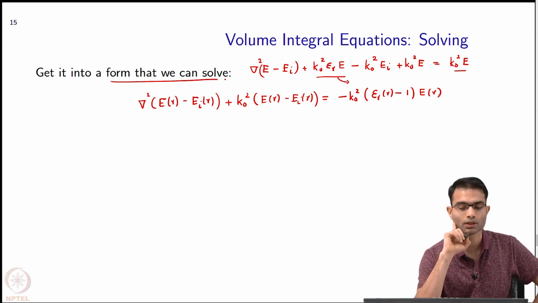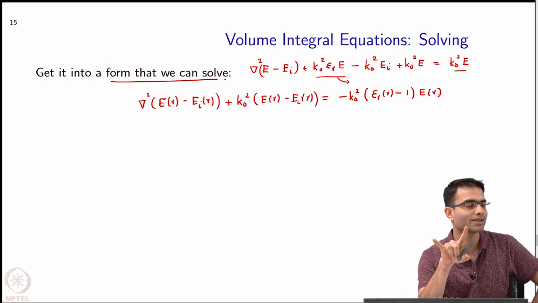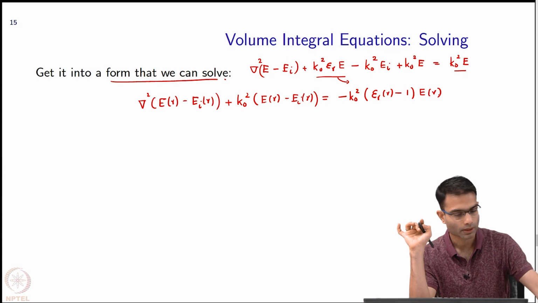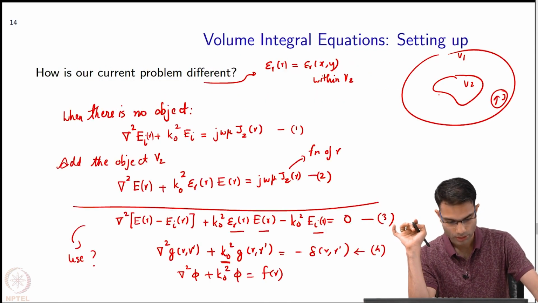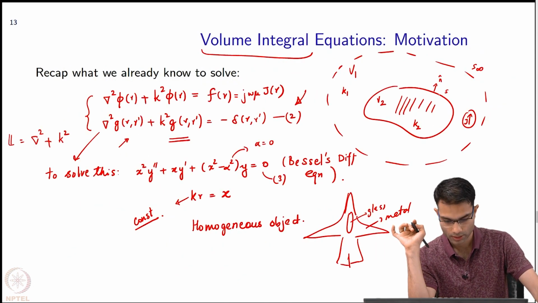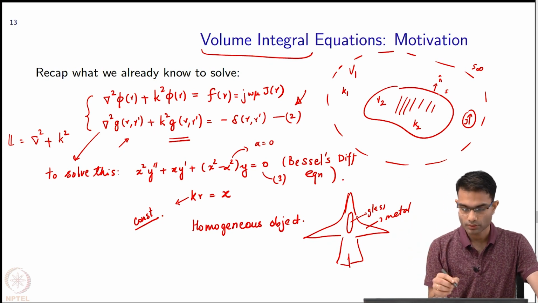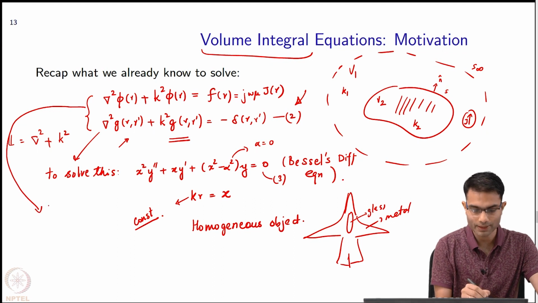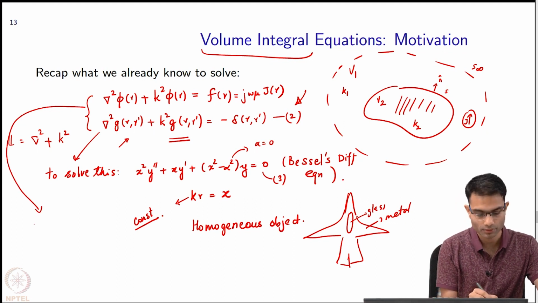Why? Simply because the operator is common, del squared plus k naught squared has appeared on both sides. Just wanted to rewrite one thing over here. When I had these two equations, how did I write the solution?